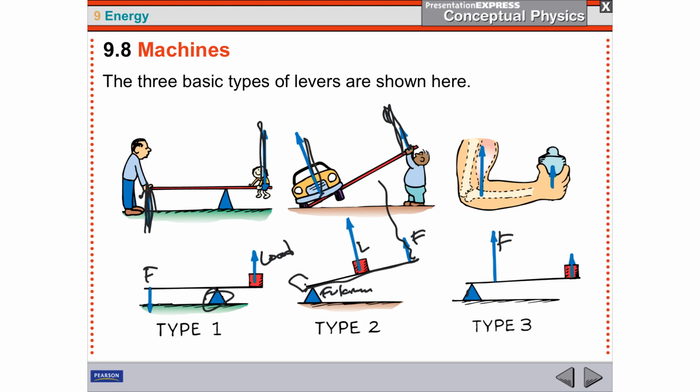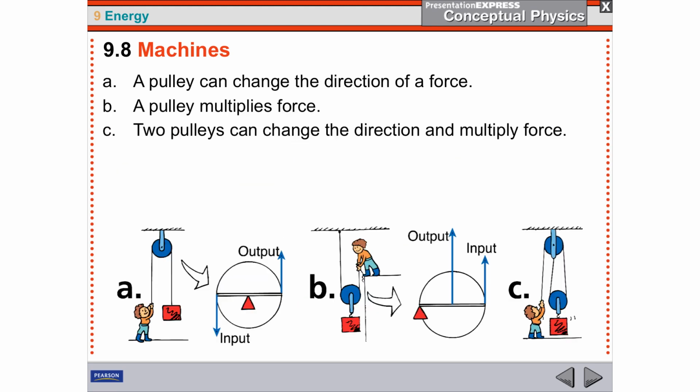Here's the input force, here's the output force. They're in the same direction. You have the same direction also for a type 3. The output force here and the input force here are also in the same direction.